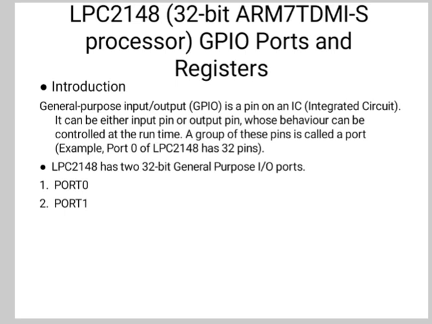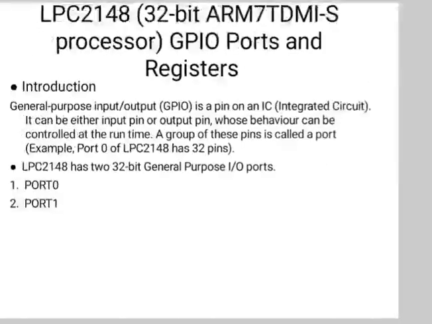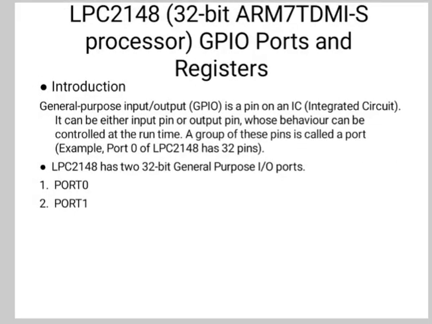Now pin function select registers. There are three pin select registers, which are 32-bit registers, and these registers are used to select or configure a specific pin functionality. There are three pin select registers in LPC2148: pin select 0, 1 and 2.